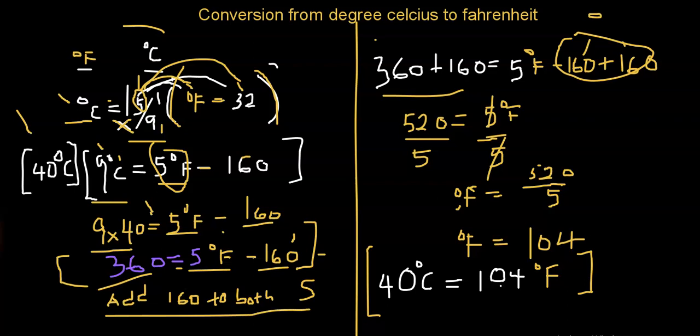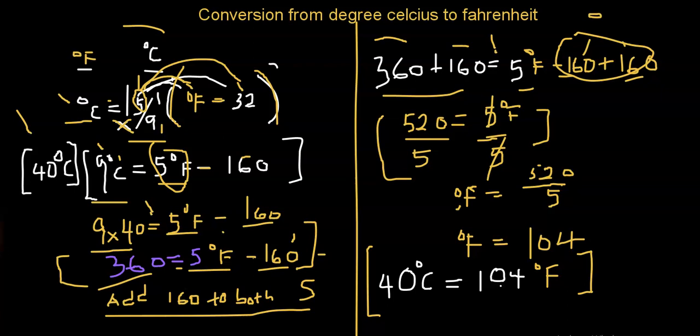Now this is where it led us to 360 plus 160 is equal to 5 degrees Fahrenheit minus 160 plus 160, because we added 160 to both sides of the equation, and it led us to this, which is so simple. It's so simple to play along from this step.